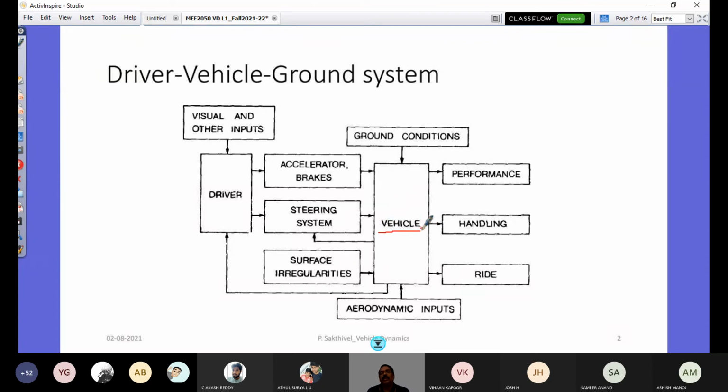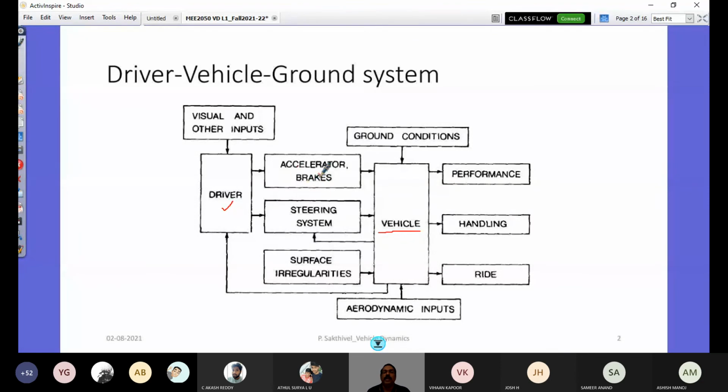So why the vehicle has a motion is all because of the input that goes into the vehicle. The input that is given to the vehicle comes from the driver. So the driver gives the necessary action so that the vehicle can have its motion, right? So you see here the input through the accelerator to start and make your vehicle velocity, or it can be required to brake.